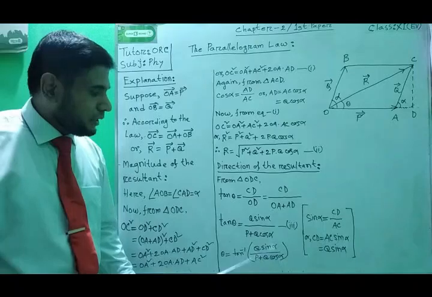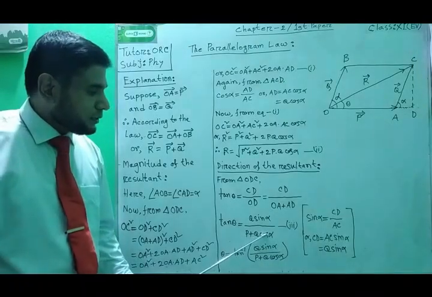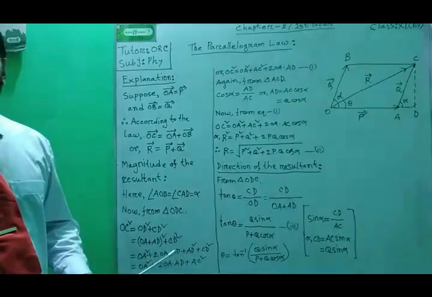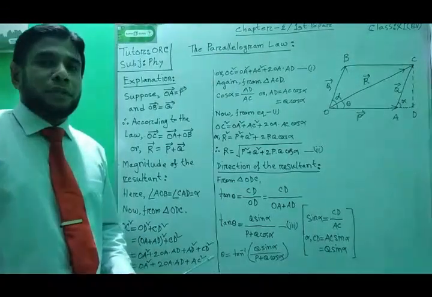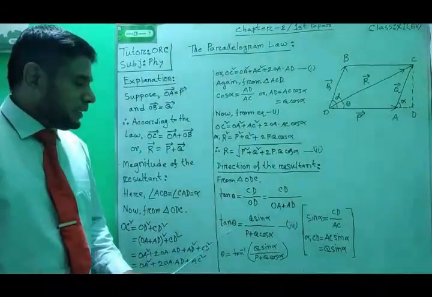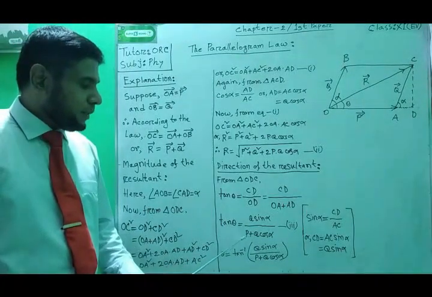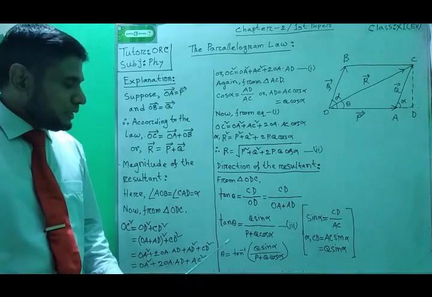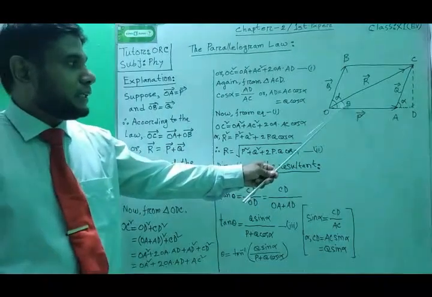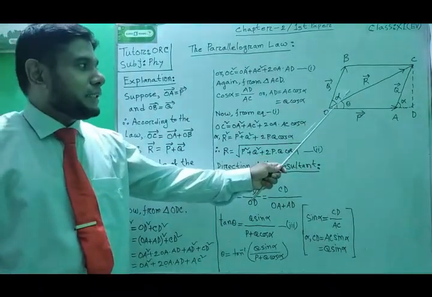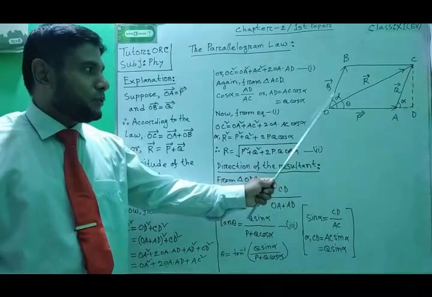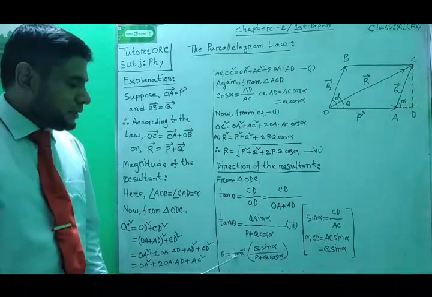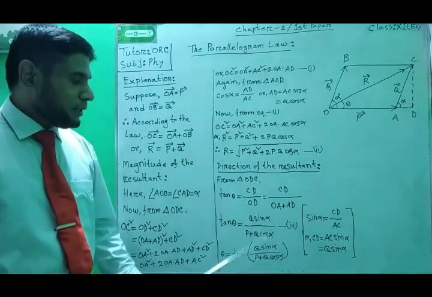So finally this is equation number 3. To find out the direction, we will write tan theta equal to Q sin alpha by P plus Q cos alpha. Here theta indicates the direction of the resultant of those two given vectors. So theta equals tan inverse of Q sin alpha by P plus Q cos alpha.